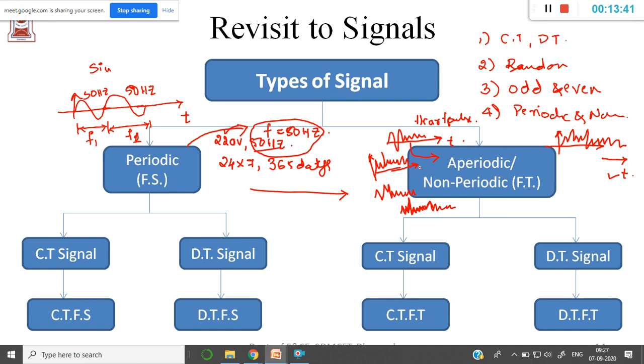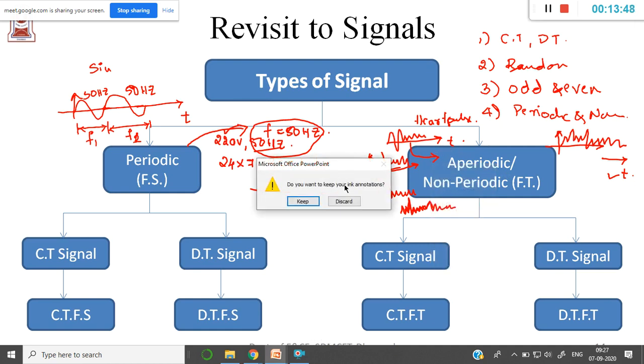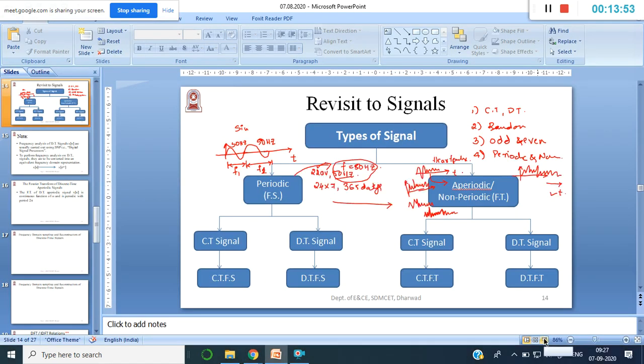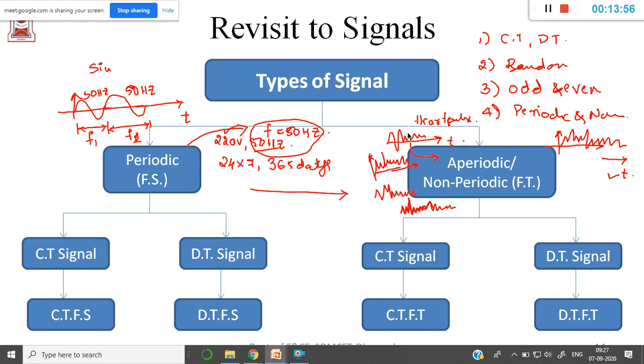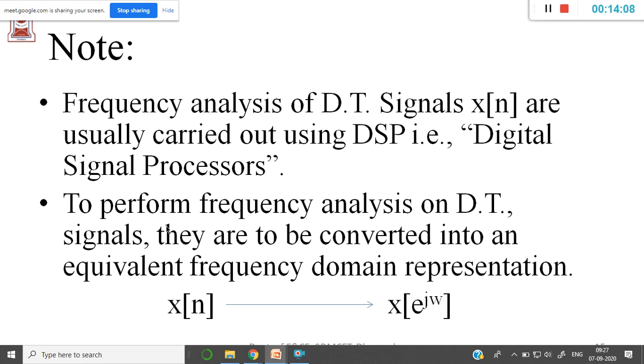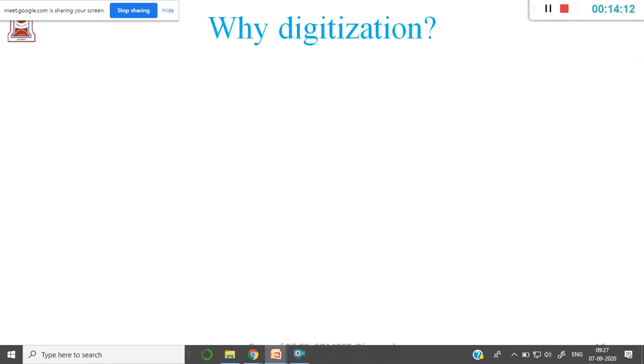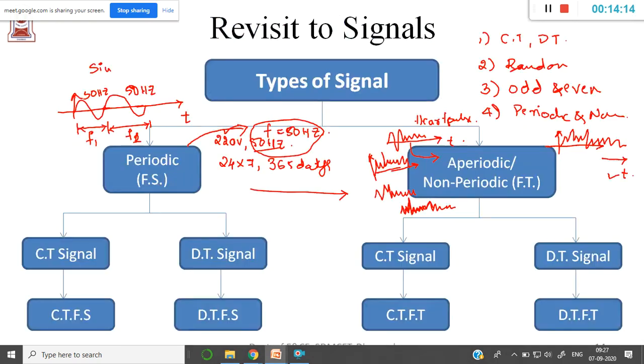Now coming to the point, whenever we have these types of signals, I want to analyze them.